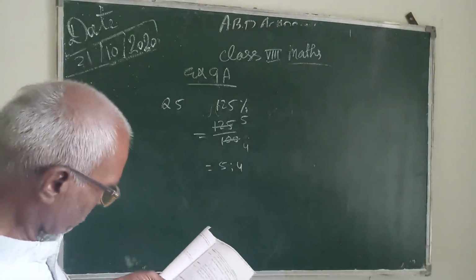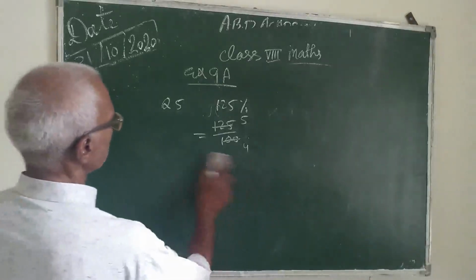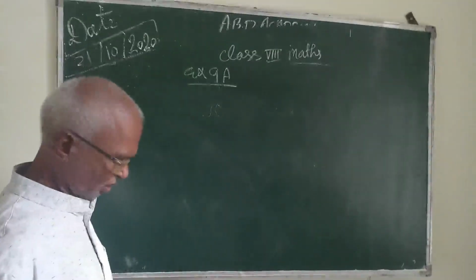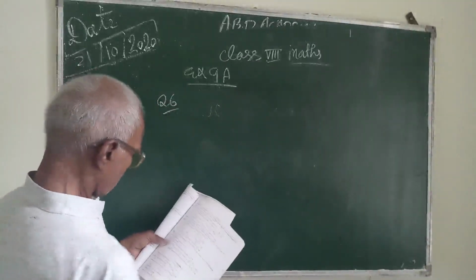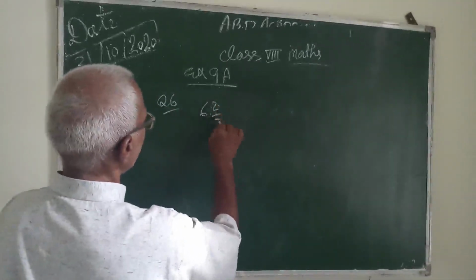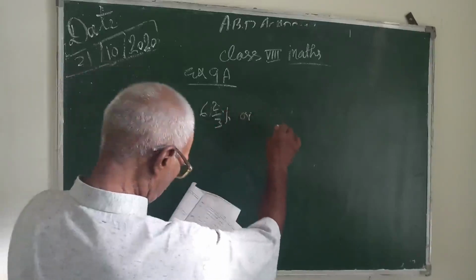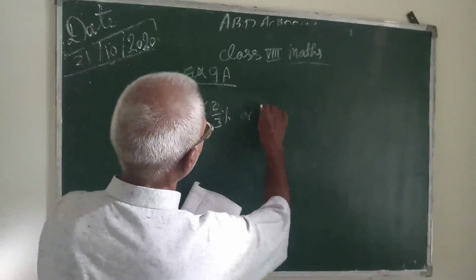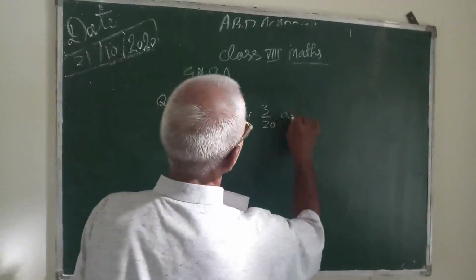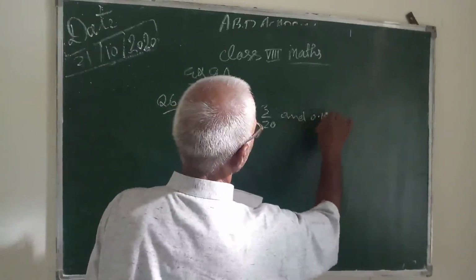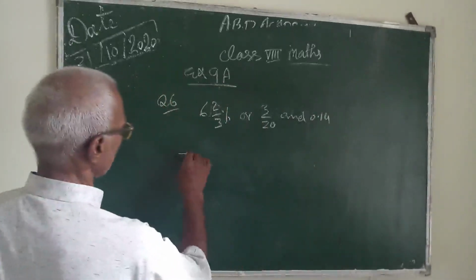Likewise, question 6 asks which is largest: 2 by 3%, or 3 by 20, and 0.14. Among these three, which one is largest?